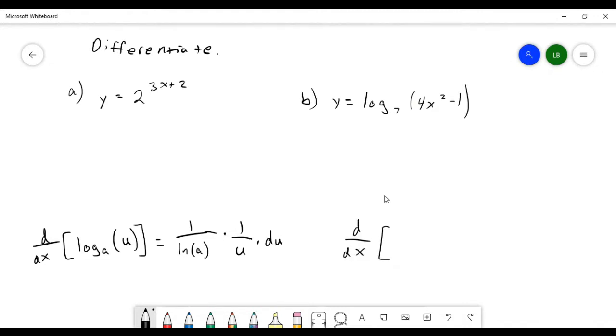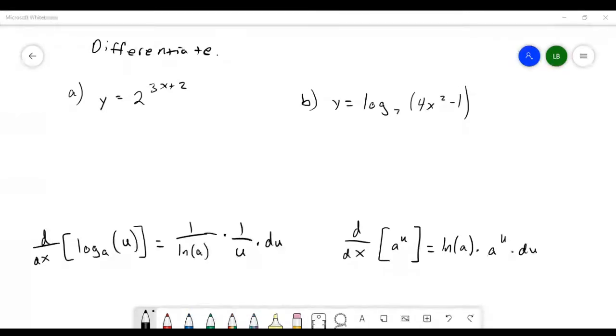And for an exponent, actually we'll make that in terms of u. There you go. You're welcome.